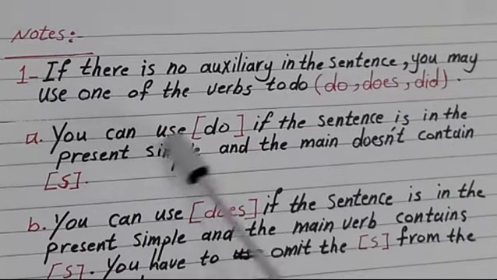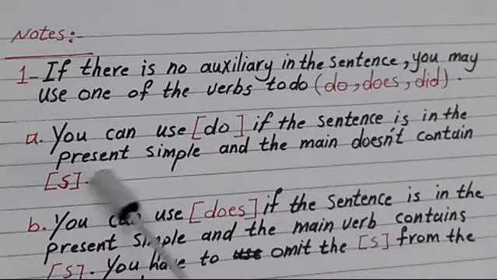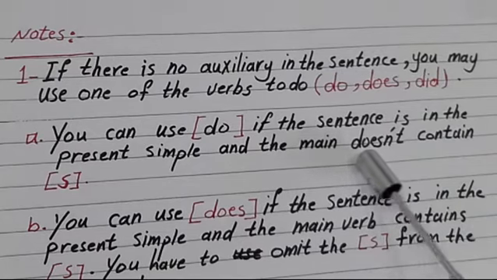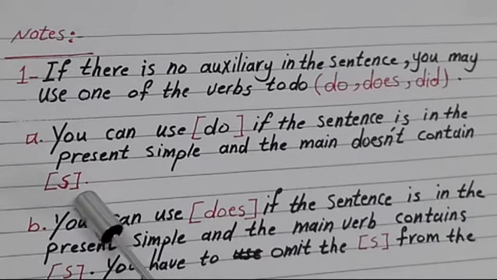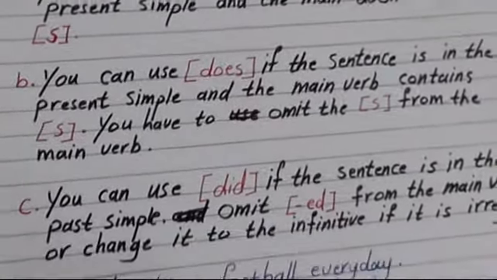A. You can use do if the sentence is in the present simple and the main verb doesn't contain an S، والفعل الرئيسي لا يحتوي على S، تستطيع استخدام do إذا كان الزمن مضارع بسيط.